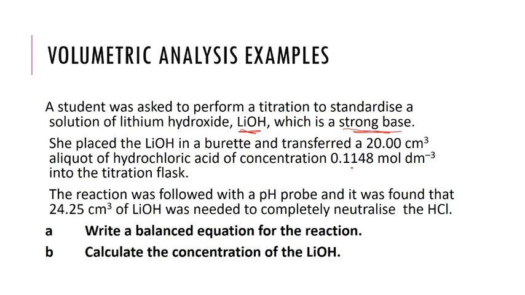So they're not using an indicator in this case, they're using a pH probe to determine when the endpoint was. The question wants us to write a balanced equation for the reaction and then calculate the concentration of the lithium hydroxide. So let's have a go.